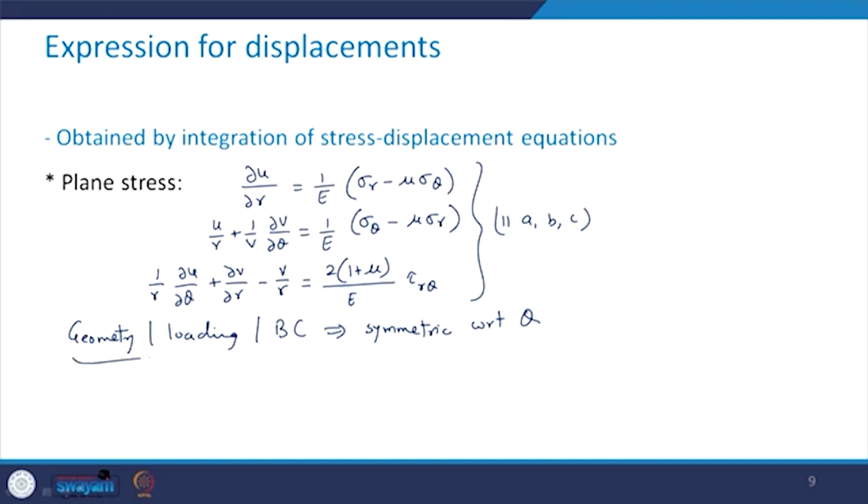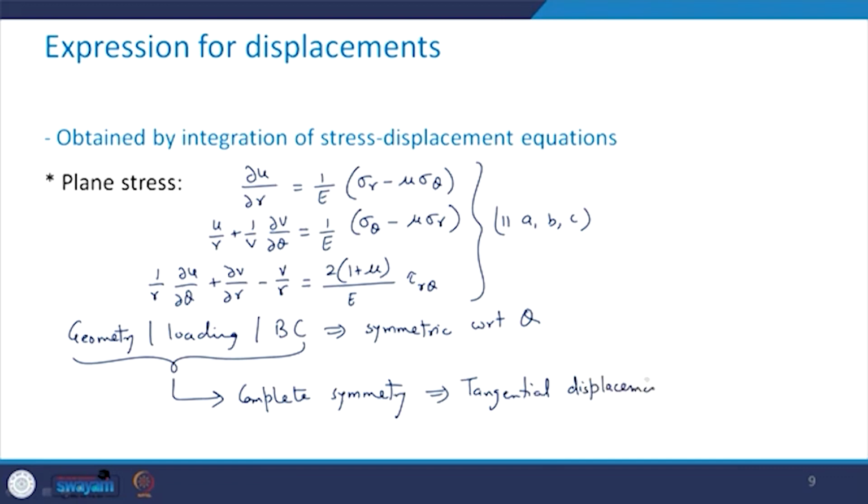So, when we have the symmetry with respect to all the three situations, this is what we call as the complete symmetry. And therefore, the tangential displacement, which is represented by v, is going to be equal to 0 because of this complete symmetry.